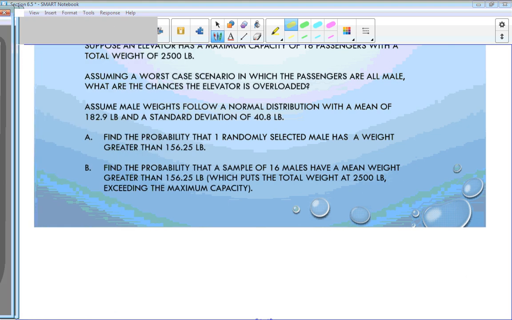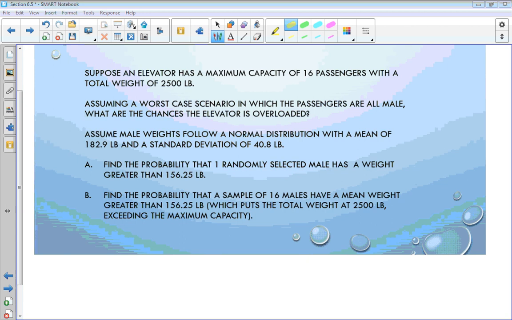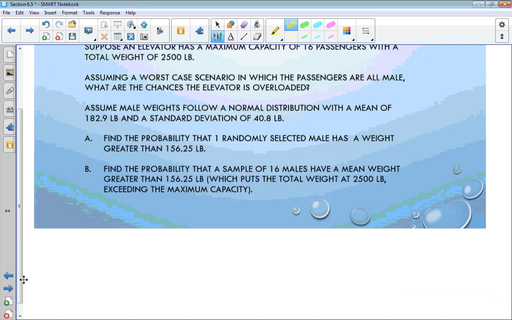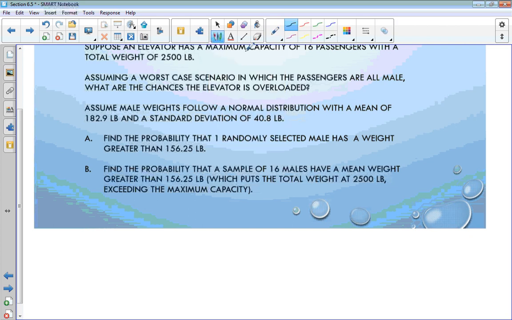And of course, we will take a look at what we can do on the calculator. So here we go. Let's get a pen here. Let's draw what's happening.